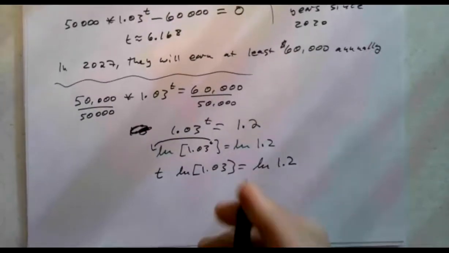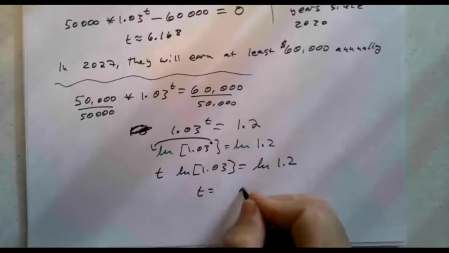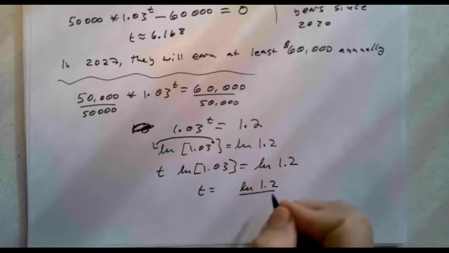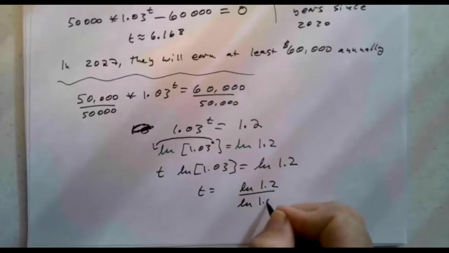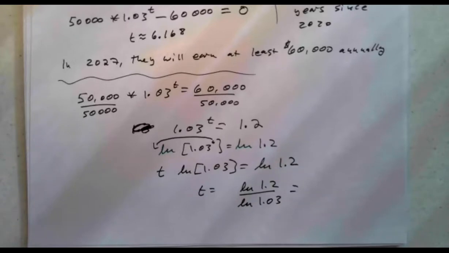Dividing both sides by natural log 1.03, t equals natural log 1.2 divided by natural log 1.03. What's that going to give me? Natural log 1.2 divided by natural log 1.03. And I get 6.168.